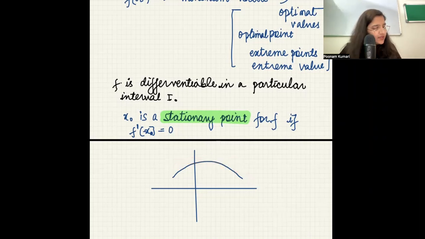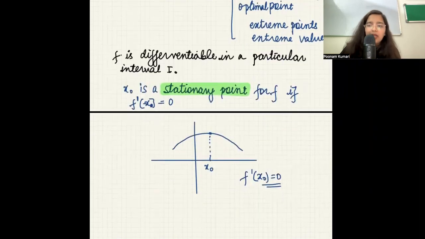So that means this is a point, let's say the x naught point, where the derivative is equal to 0. So derivative 0 means when you draw a tangent to the curve of the function at that particular point, you will get a slope of 0.